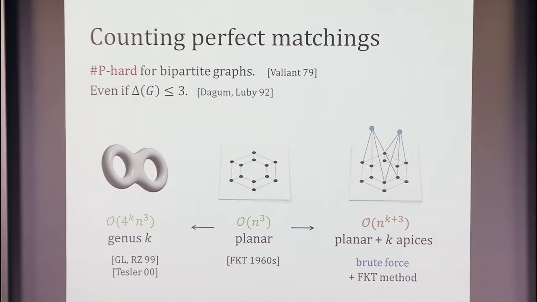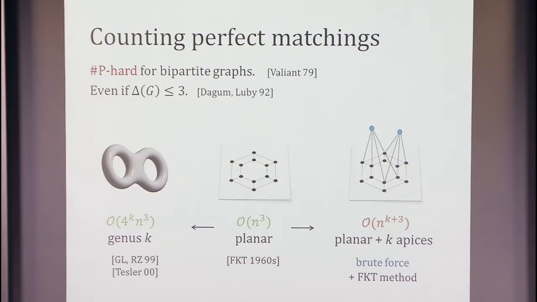For each apex, you just have to guess its partner in the planar base graph. Then once you guessed all the partners, you can delete the apices and their partners, and you end up with an instance of counting perfect matchings in a planar graph. So this parameter is nice because it's FPT. This one is probably not so nice because, well, this is an algorithm that solves it, and we don't know any algorithms that do it significantly better.